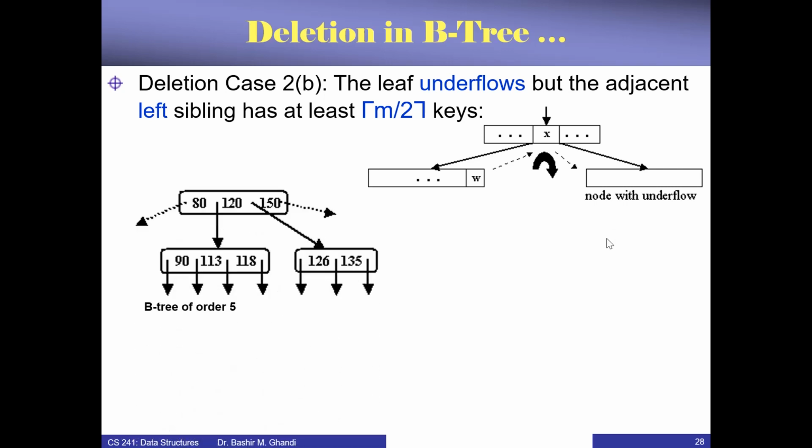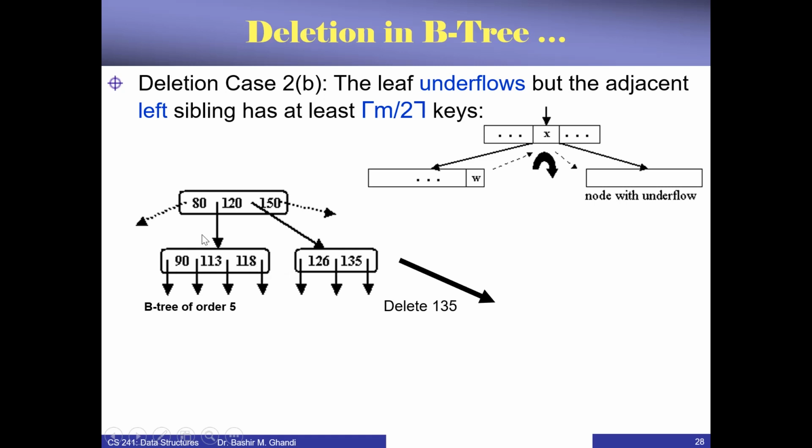So let's see a real example. Suppose we wish to delete 135 in this B tree of order 5. Deleting 135 will make this node underflow given that the tree is of order 5. One key is not allowed. It has to be at least 2 keys. But its immediate left sibling has more than the minimum.